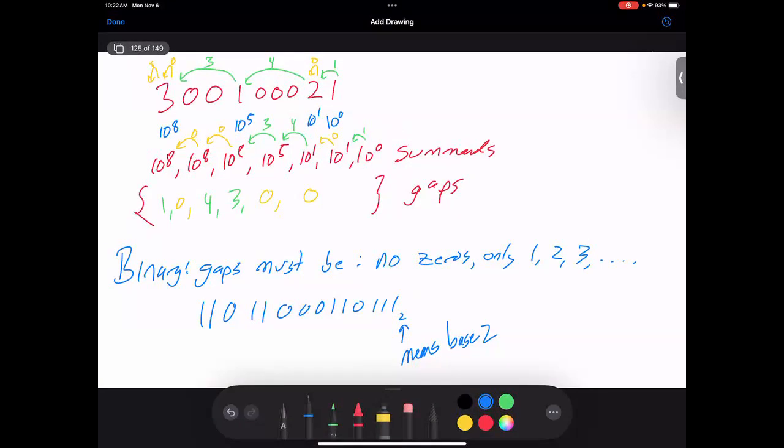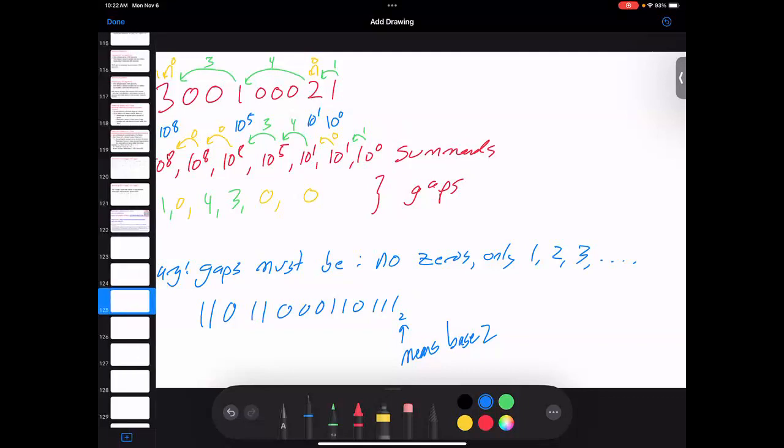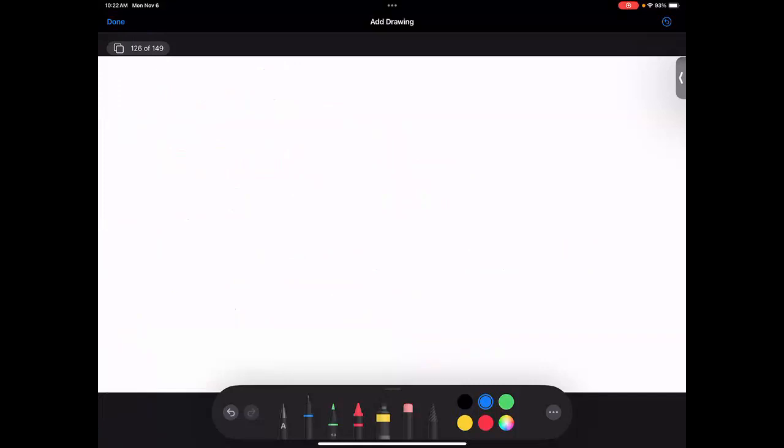Could this be a Zeckendorf decomposition, where 1 means we have the corresponding summand? So this would be like F1 plus F2 plus F3 plus F5 plus F6 and so on. But Professor Miller, could you go over one more time what exactly determines a Zeckendorf? Sure.